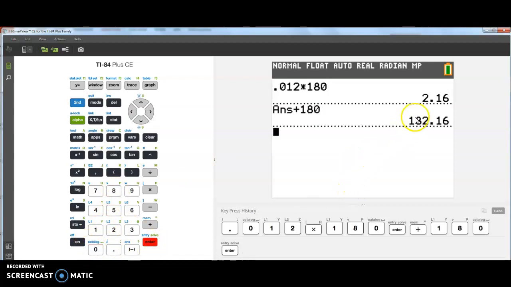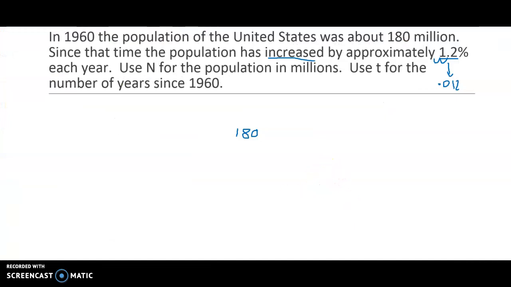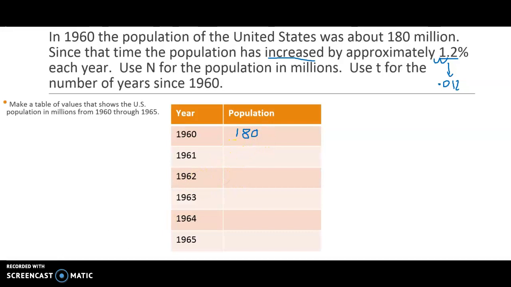And so I have a population of about 182.16 million. So if I go back to where I was making my chart, we have a population of 182.16 million.